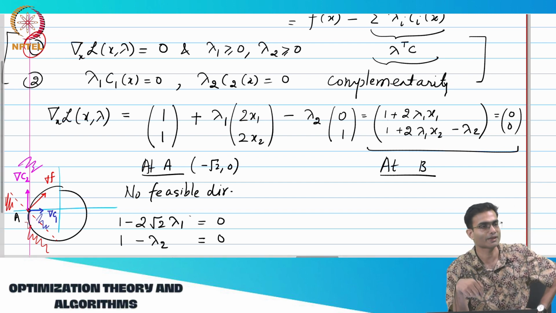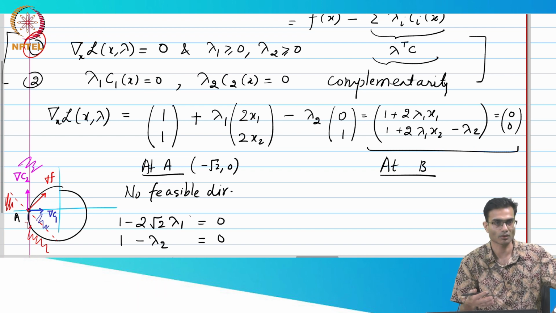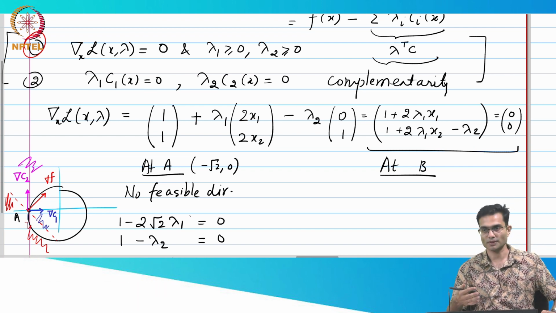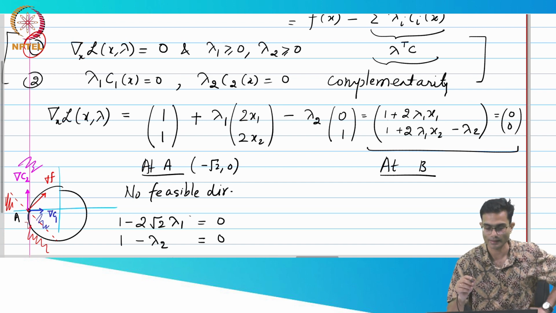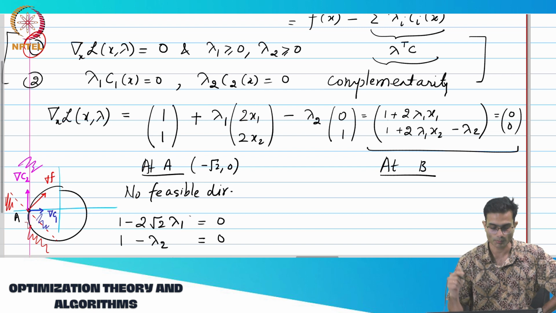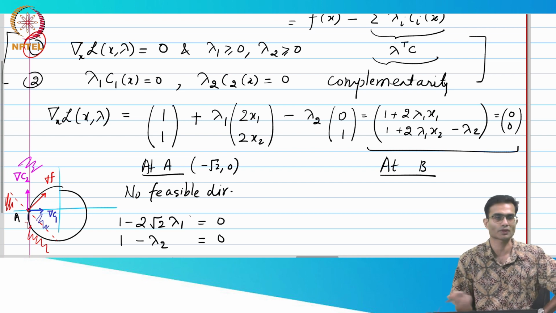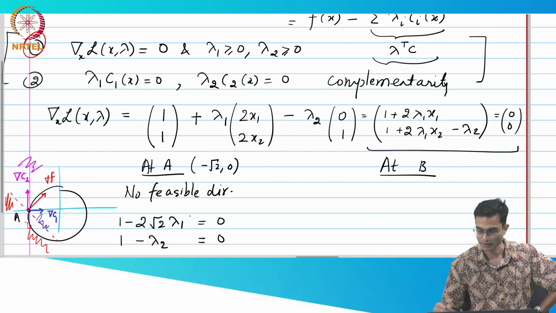Obviously, the way I derived it was by setting grad L equal to 0. That's how I got these values of lambda 1 and lambda 2 in the first place. So I have satisfied that. Lambda 1 greater than or equal to 0, yes. Lambda 2 greater than or equal to 0, yes. What about the complementarity conditions? It's an active constraint, so C1, C2 are anyway 0, so I don't care, this is automatically satisfied.